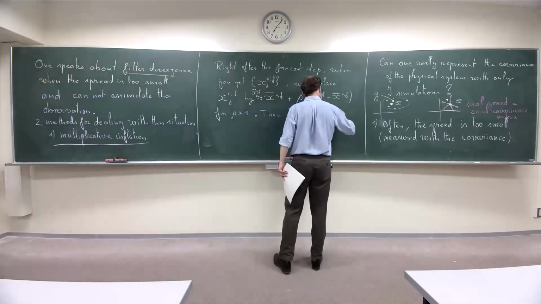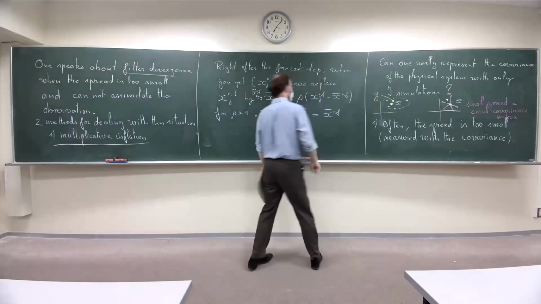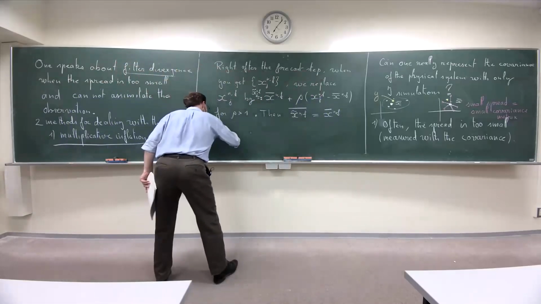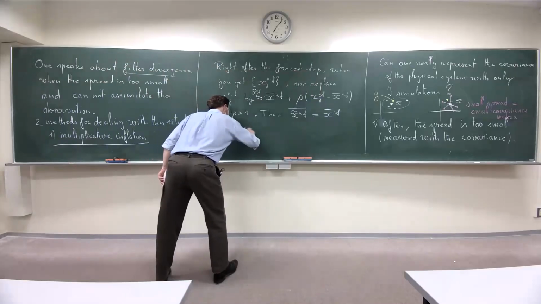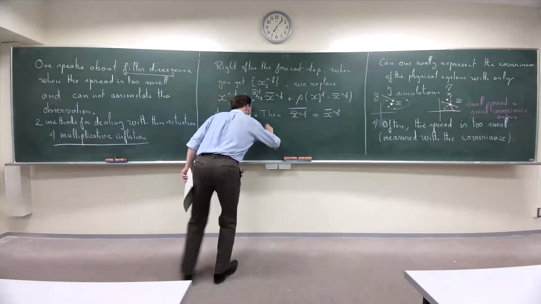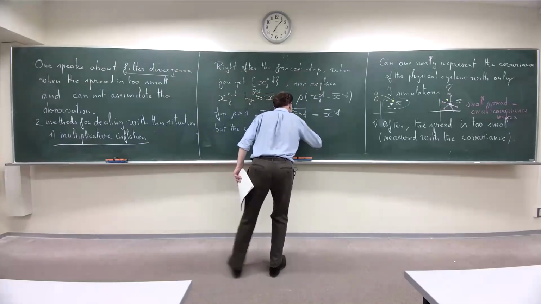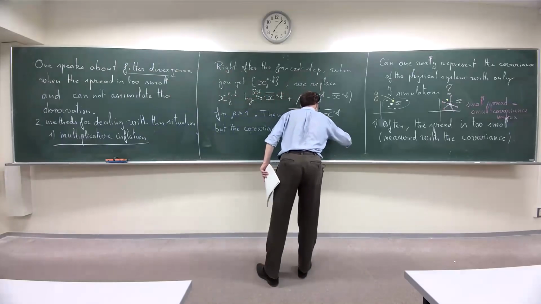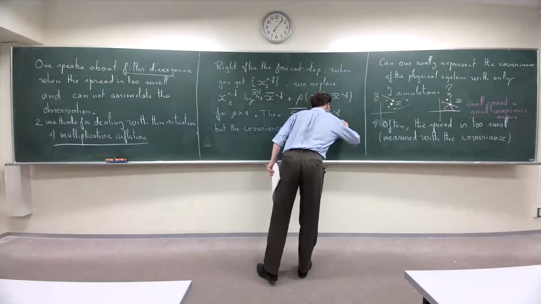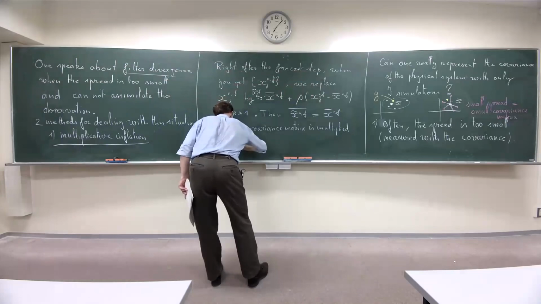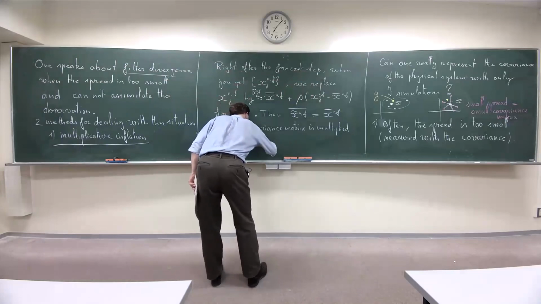It's x_n^f. So you keep the same mean, but the covariance matrix is multiplied by this coefficient squared.